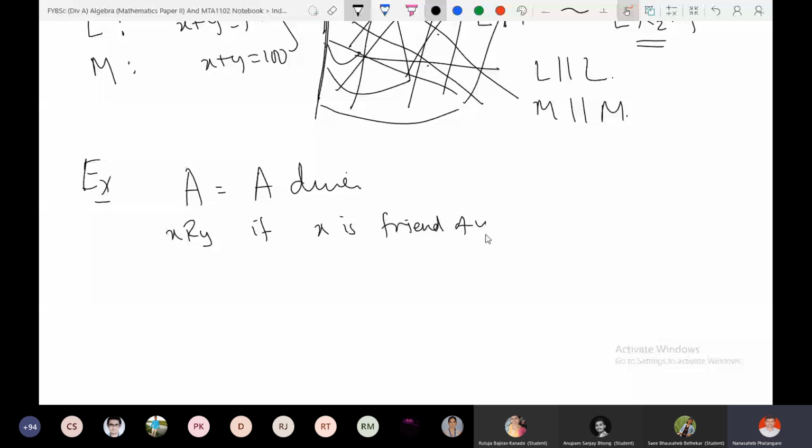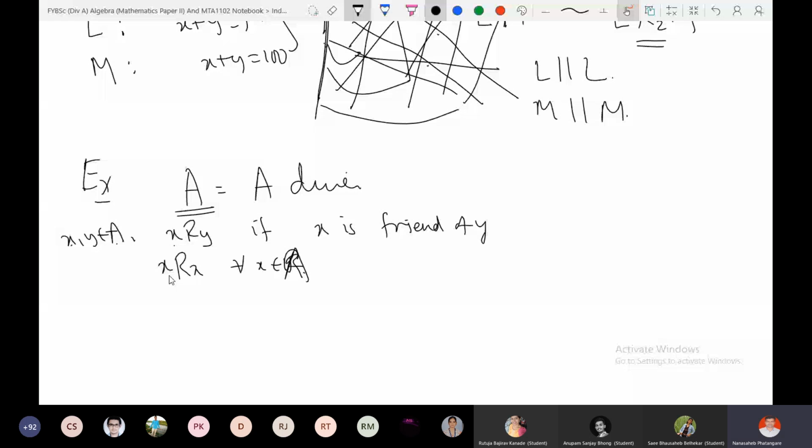My set is the students in A division, and x and y are from the same set because I am defining the relation on the same division. So is x related to x for every x? Yes, because every student is a friend of himself, and therefore this relation is reflexive.